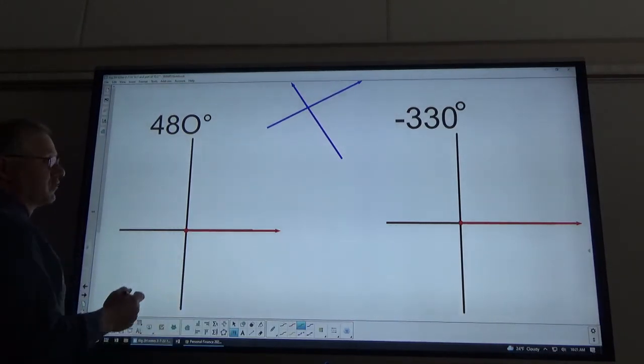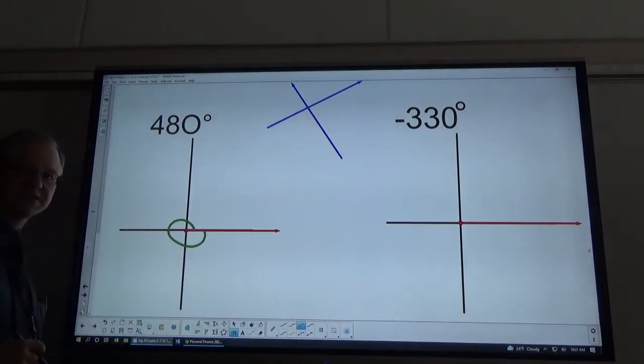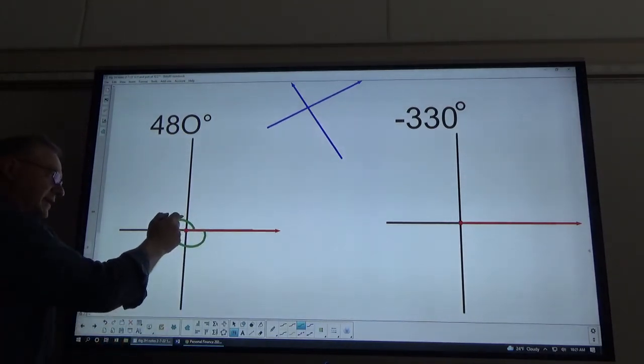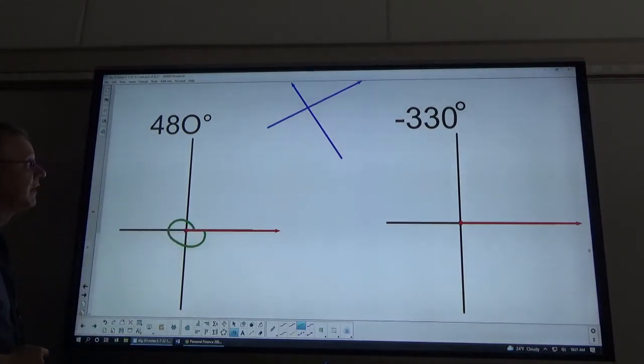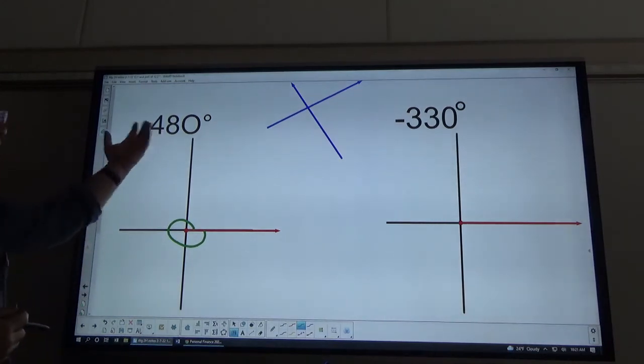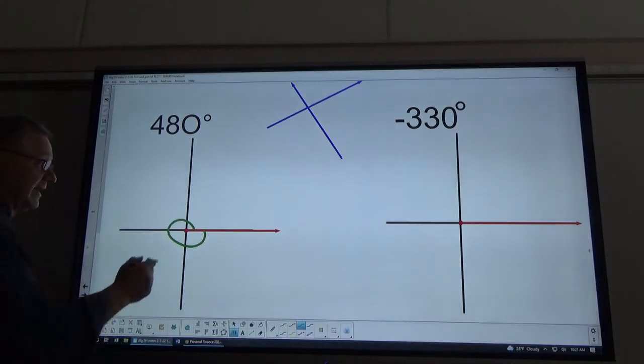Well, if I subtract 360, so I go all the way around once, that's 360 degrees: 90, 180, 270, up to 360. Now I have to keep going around in that same direction. If I took 360 away, that'd be 120, so that's 30 more than the 90 here.